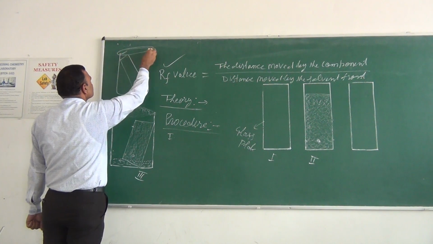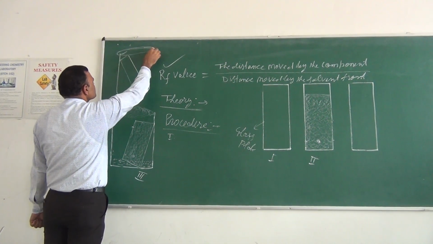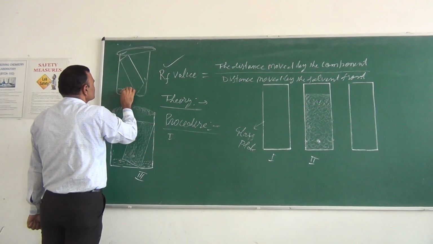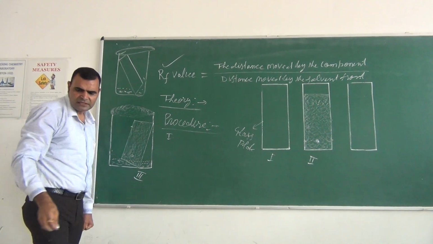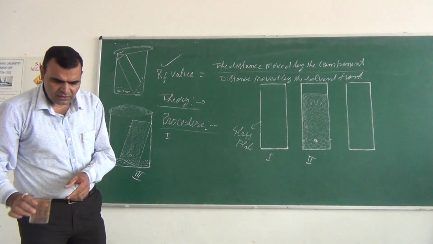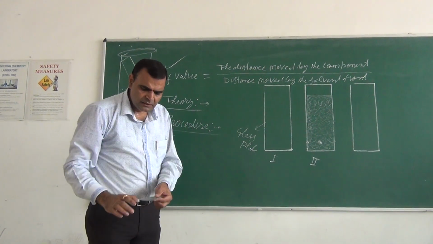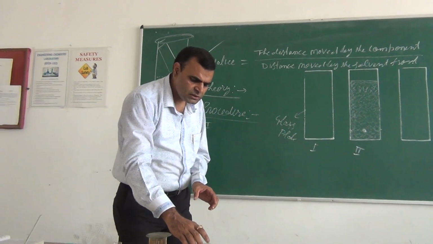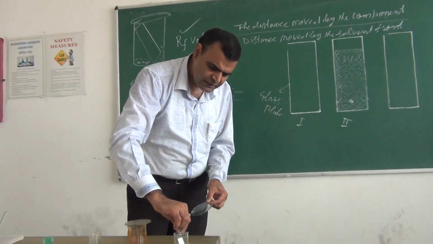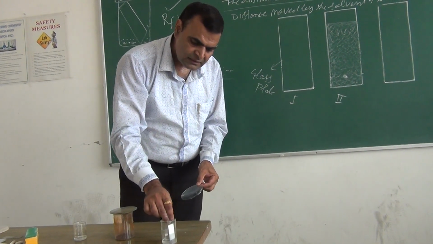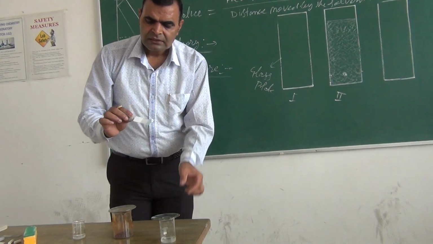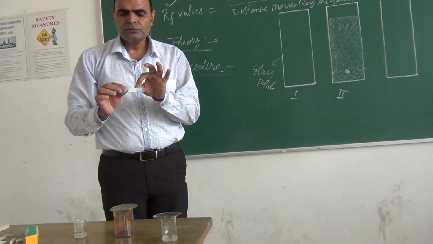Cover it with a watch glass, and it contains solid iodine. This is the iodine chamber. We will remove this chromatogram after it has traversed a distance up to this level.